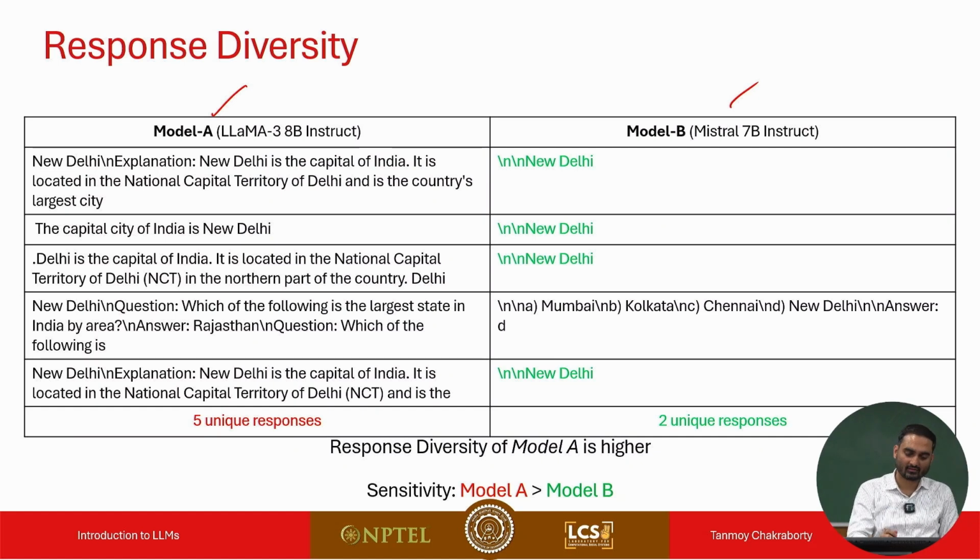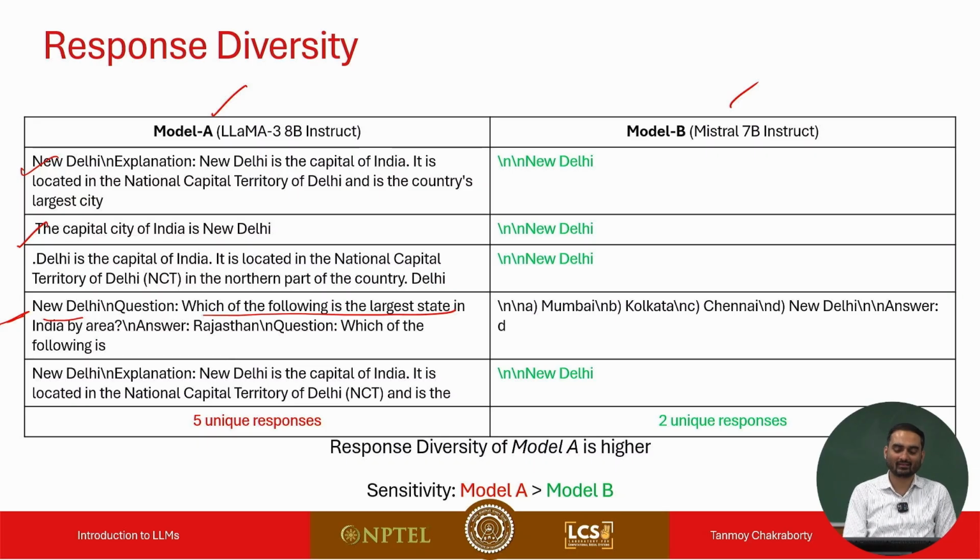For different variations, model A produces different answers. The answers are almost correct, but in some cases, along with the answer, the model also produced a new question, which is, the following is the largest city in Delhi by area.